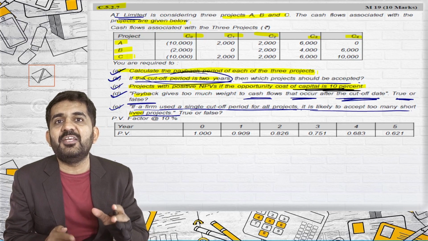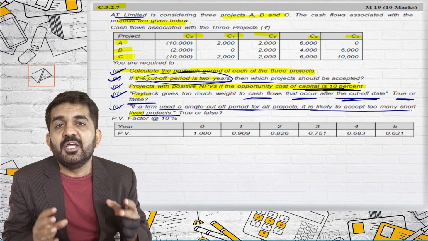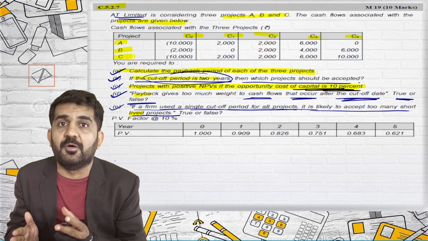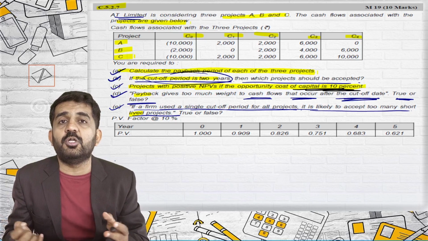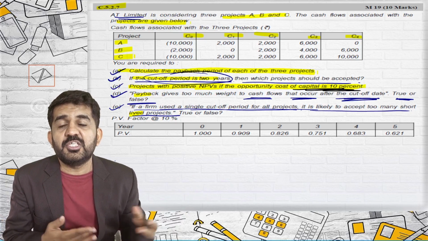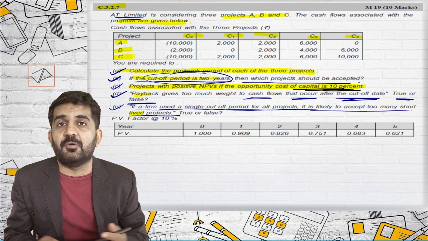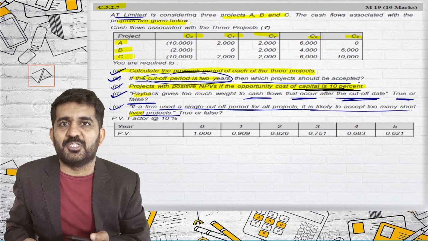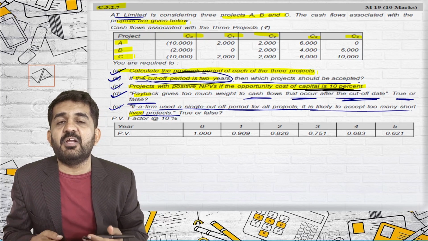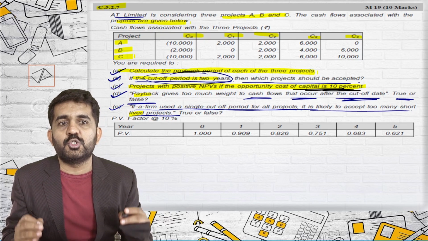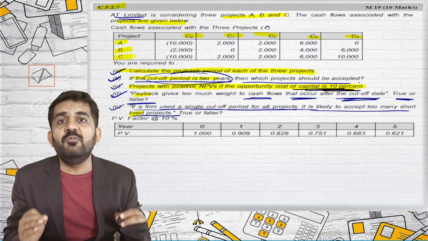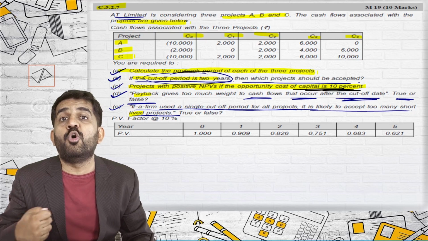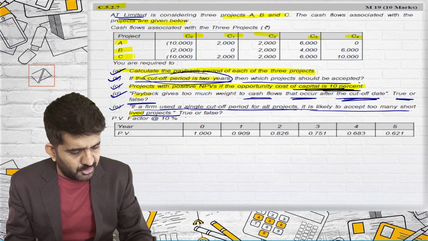If the cutoff period is 2 years, this type of company will always do short-term projects and will never be able to do long-term projects. Say long-term projects, a car manufacturing company or aeroplane manufacturing company, will take 2 years to start the project. So your initial investment will never be recovered in 2 years. So long-term projects always require a longer cutoff period.